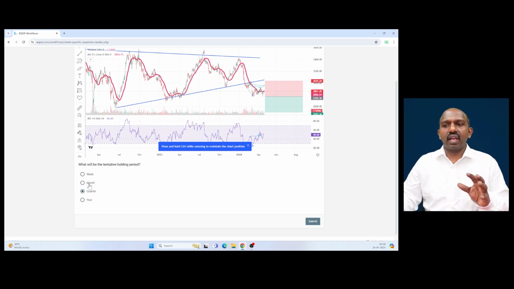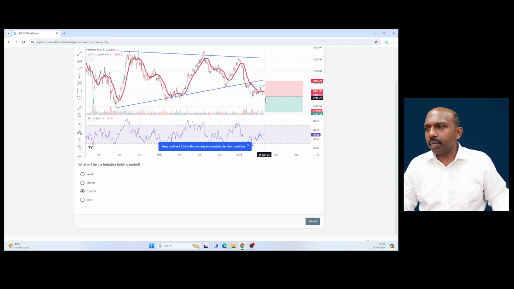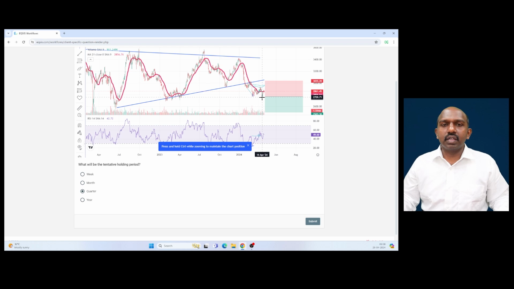So the weakness is expected anywhere from a month to a quarter, and you can plan your option strategies accordingly. But the entire game begins only when the price breaks the 2750 level. Now it is trading at around 2861. So hope for the price to go further down to confirm the weakness, and then we hold it on a quarterly basis here.